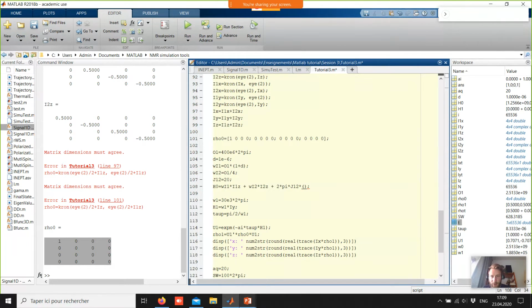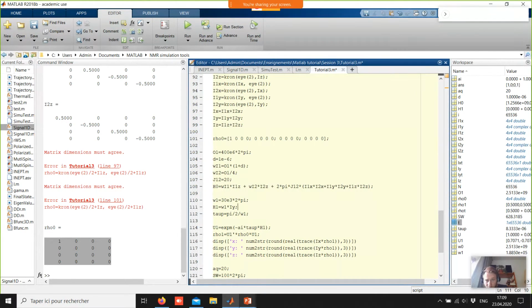And here I need to write in all the terms. I'm going to write it in full, the full J coupling Hamiltonian, although, as I told you, we don't need to consider all the terms at high field and heteronuclear system, but it will be useful when we move to homonuclear system.